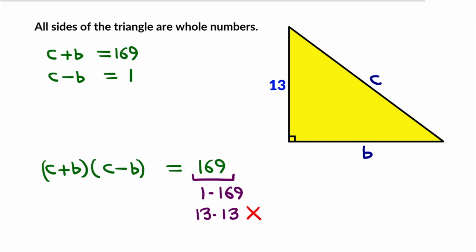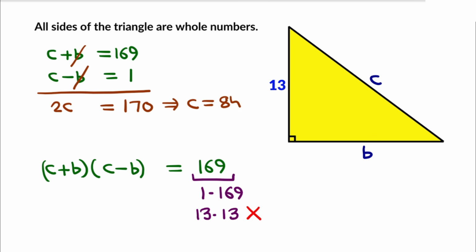Now everything falls into place. Add the two equations together. The positive b and negative b cancel instantly, leaving us with 2c equals 170. So c equals 85.